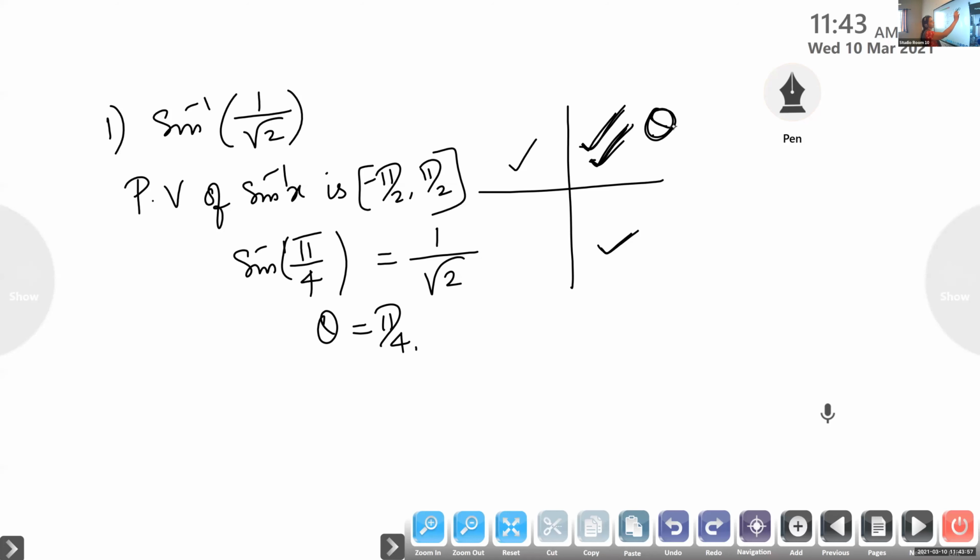In first quadrant we can take theta as such. Therefore, the principal value is pi by 4. When we do 2 or 3 questions, the idea will become more clear.